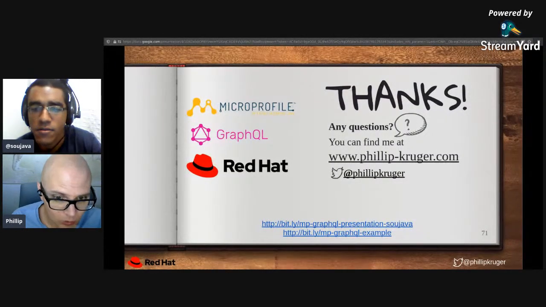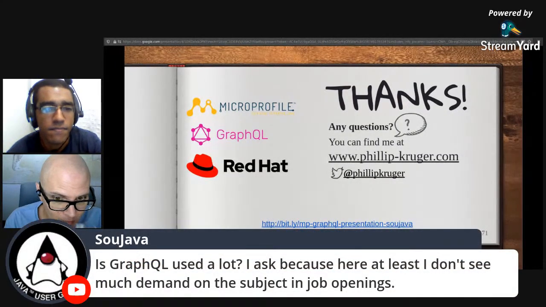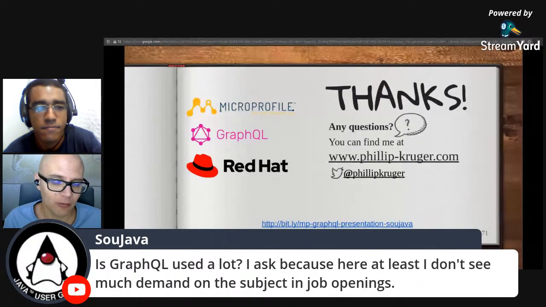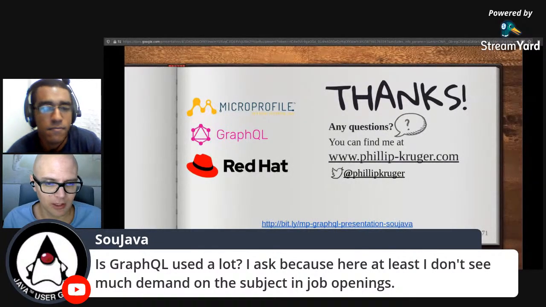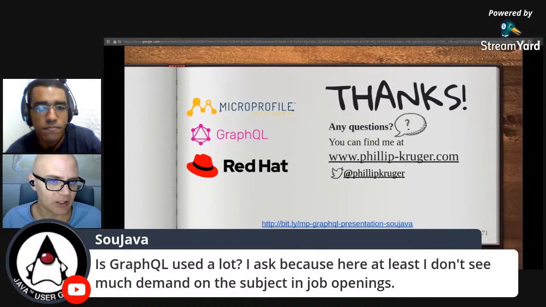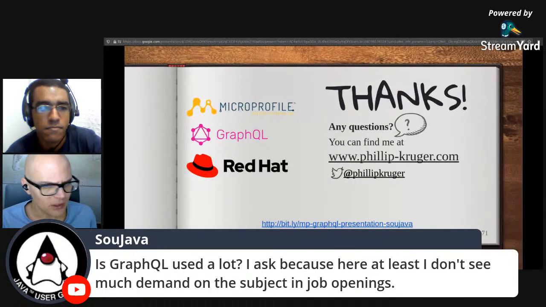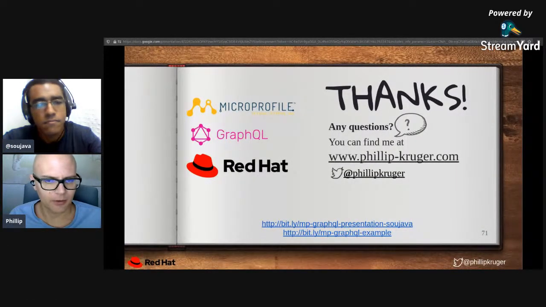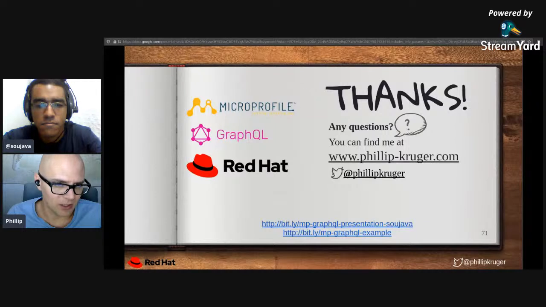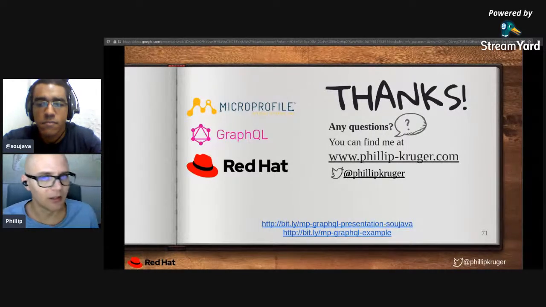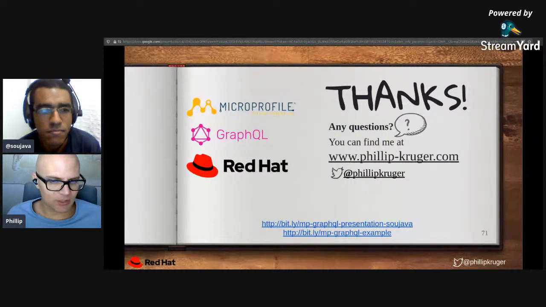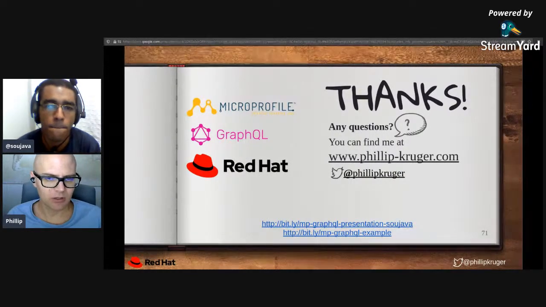Well, I mean, I can give you my opinion, but I'm definitely not the expert on the usage of GraphQL. It's used a lot outside of Java. So in the JavaScript world, I think there's a big hype around it, or even it's becoming the standard in communicating between services in the JavaScript world.